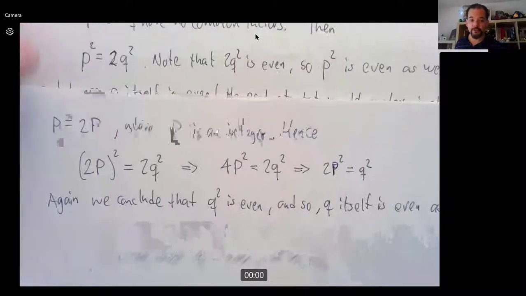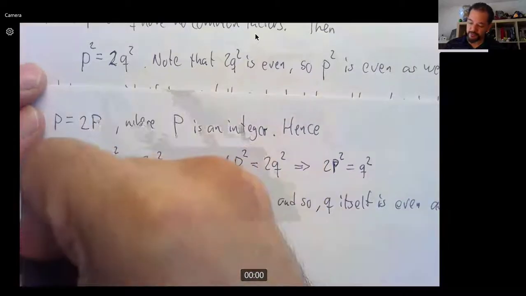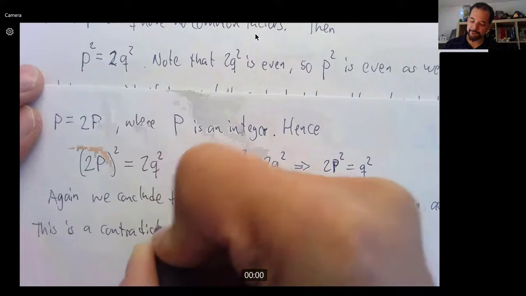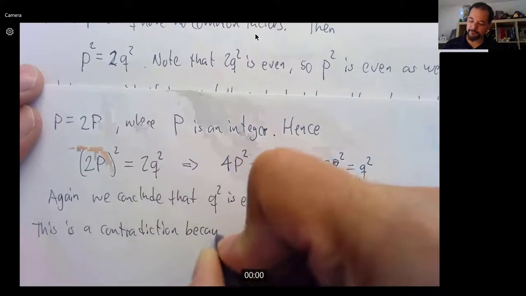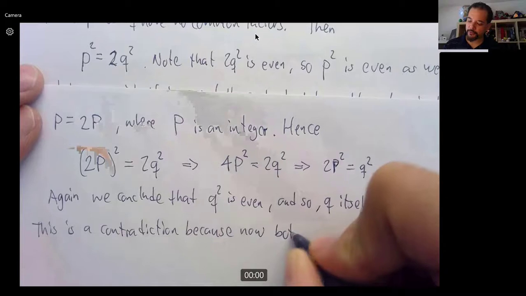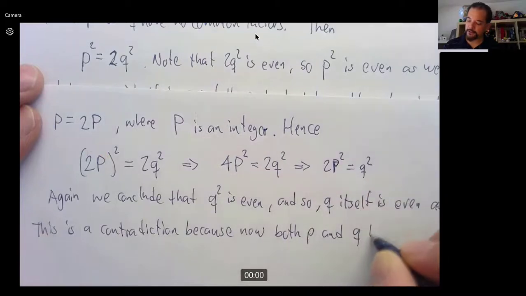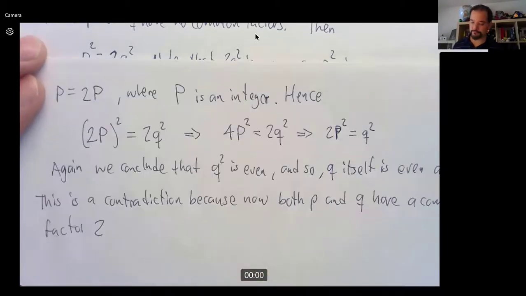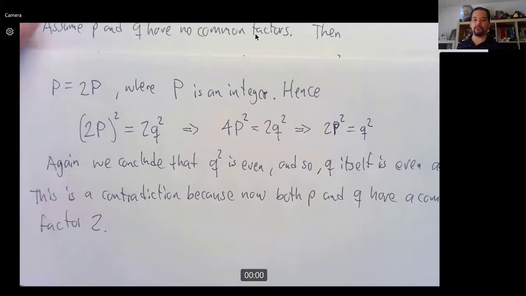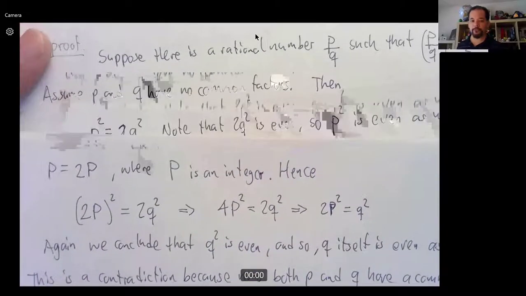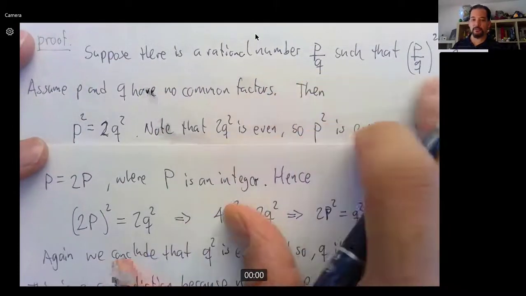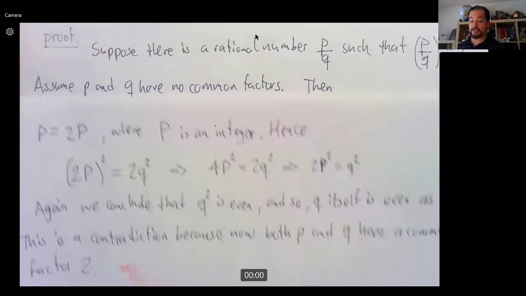So we got a contradiction. And let's write it down. This is a contradiction because now both p and q have a common factor 2. So a contradiction to what? Well, the only thing we supposed, right here on top, was that there was a rational number that made this happen, and there isn't.